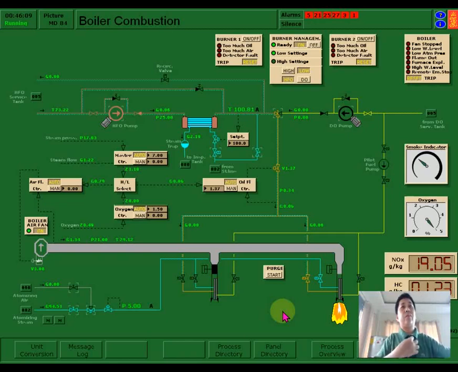So this one is continuously running because there are consumers of your steam, so that's why it is not switching off. But if there is no consumer of your steam, your burner 1 and 2 will automatically stop.